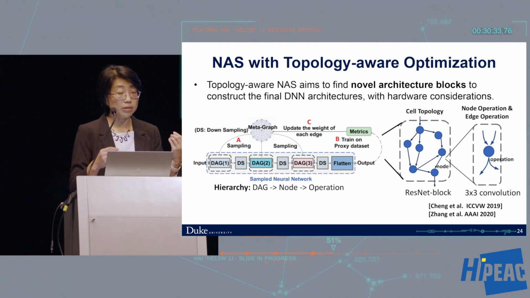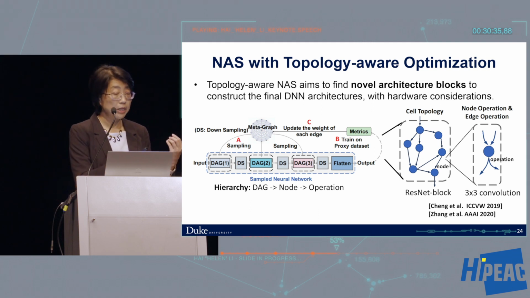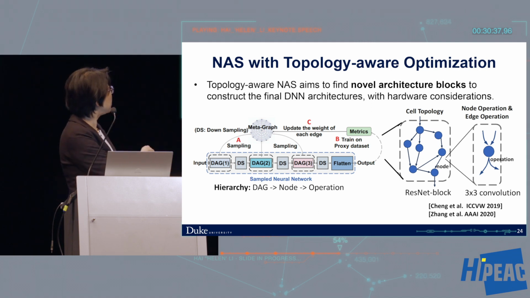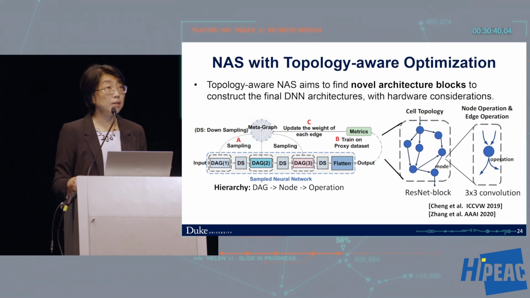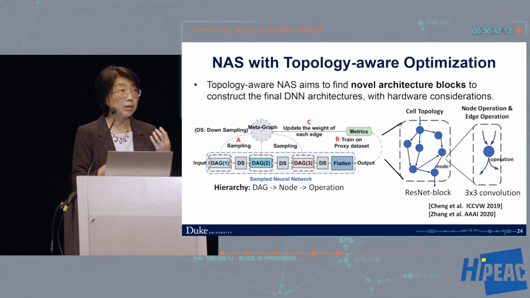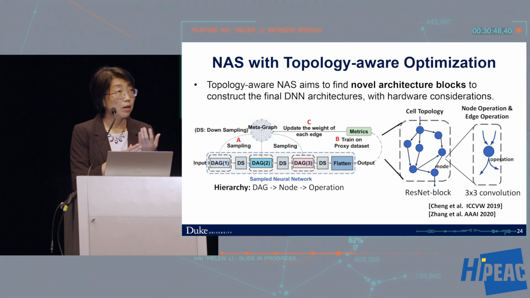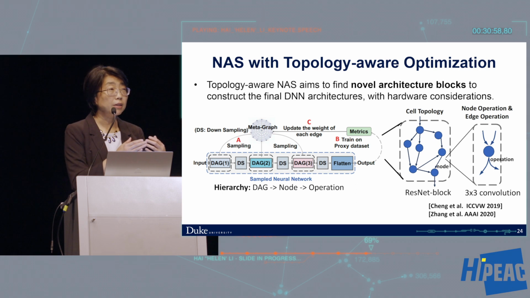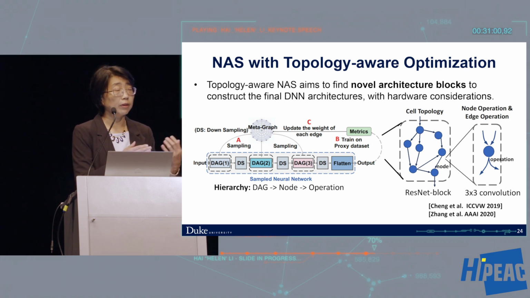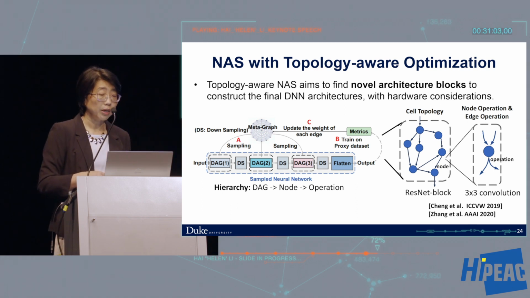During this process, we also obtain a proxy dataset, illustrated here as B, train on the proxy dataset, and estimate its accuracy or other performance values. Determined by the accuracy at stage B, we can update the weight of each edge. The edges here indicate the connections across different nodes.